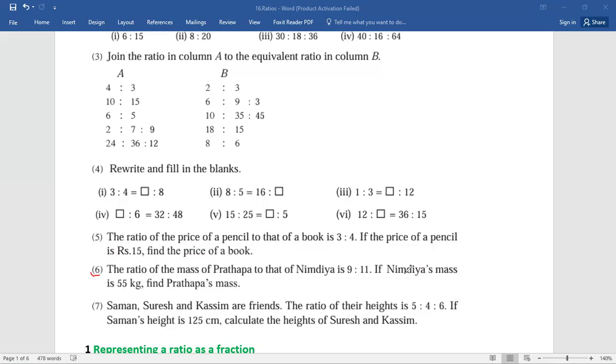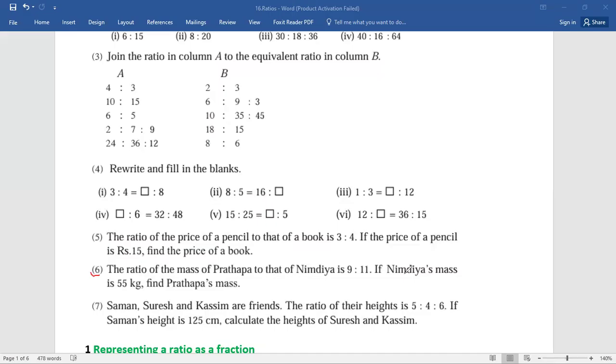So this is 55 kilograms, and you have to find the mass of Pratapa in kilograms. What is given now is 55 kilograms, and it relates to 11 parts of India.